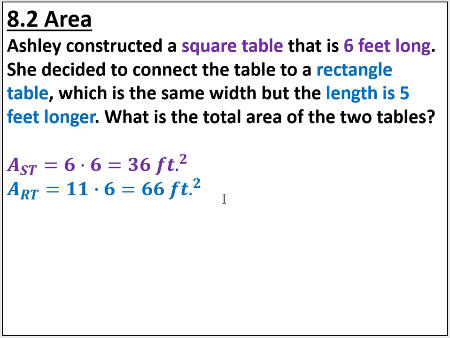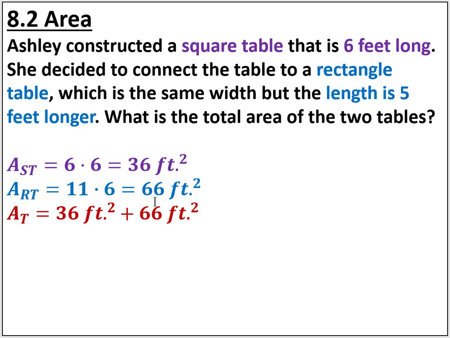Now, we're not going to stop here because the question asks, what is the total area of the two tables? When it says total area of the two tables, that means we're going to add the area of the square table and the area of the rectangle table together. So the total area, which here I wrote as A sub T, is the area of the square table, which is 36 feet squared, added to the area of the rectangle table, which is 66 feet squared.